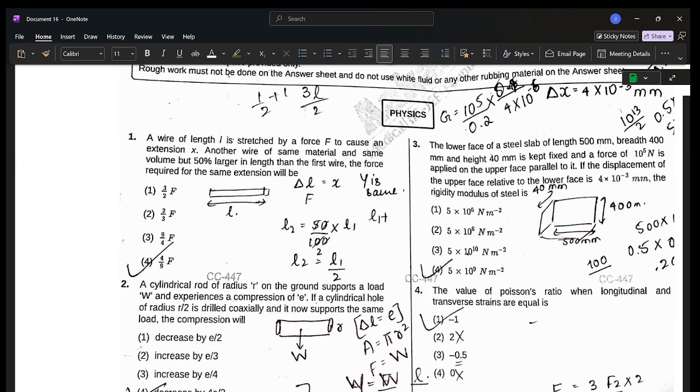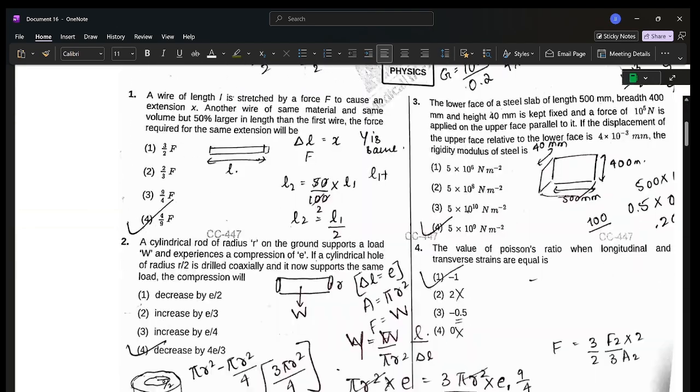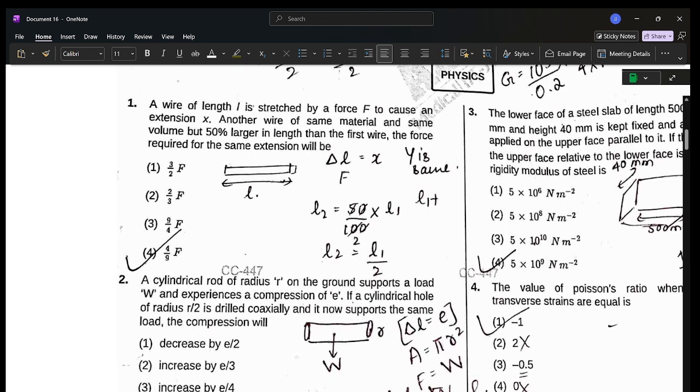So it's not L2 equals L1 by 2, but L2 equals 3 L1 by 2. See, first off, they've told 50% larger, so you need to understand that it's definitely a value that is more than L. So it has to be 3L by 2, because it can't be L by 2, since that would be lesser than the actual value.